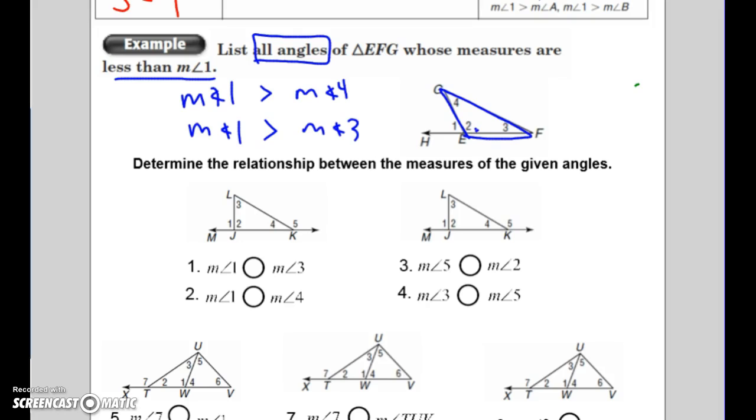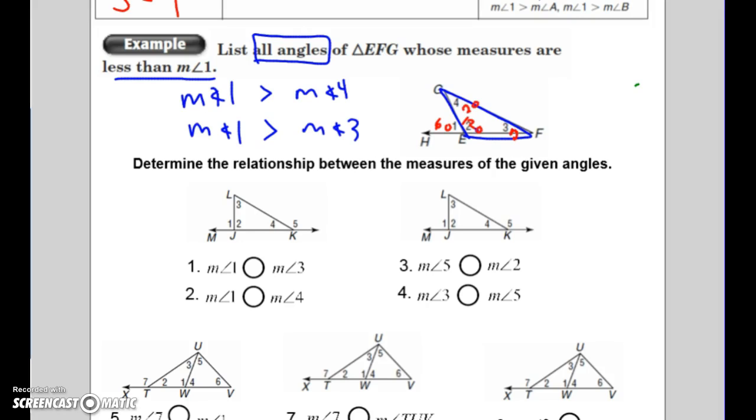Okay. So let's put numbers. Ready? Let's assume that angle 1 is 60 degrees. How big is angle 2? 120. So how big could angle 4 be? Could it be 20?